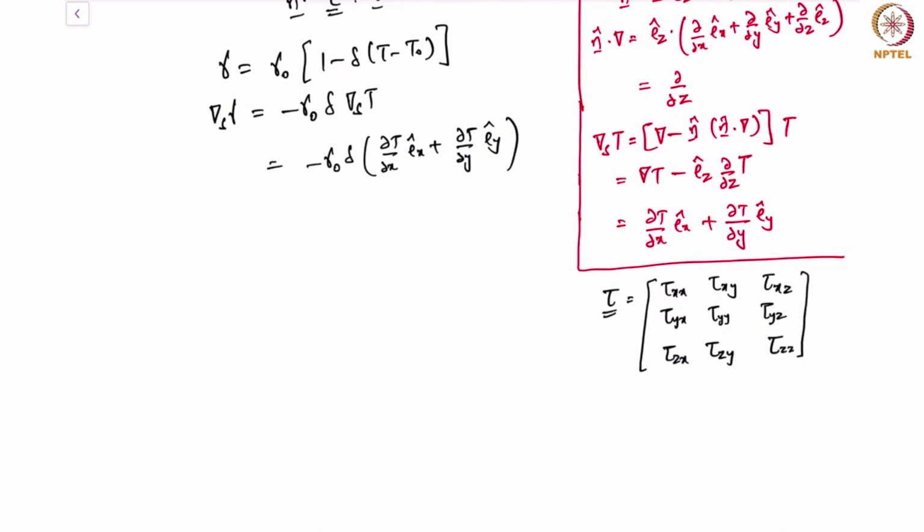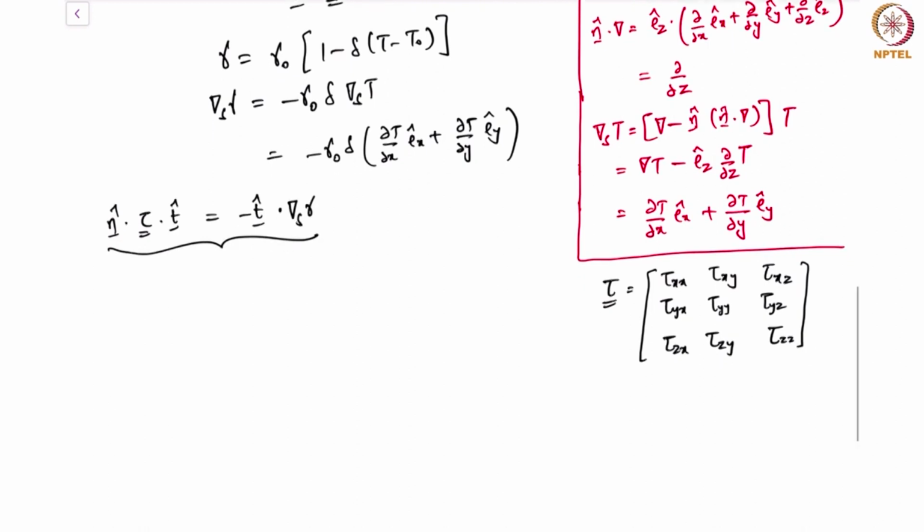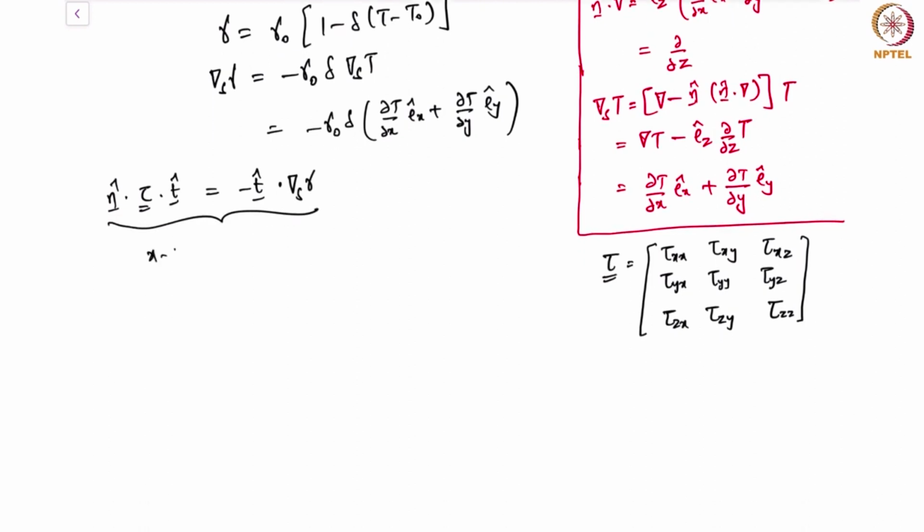One can use n dot tau dot t hat is equal to minus t hat dot del S of gamma. This reduces to two parts. Okay, so the x component will be tau xz.